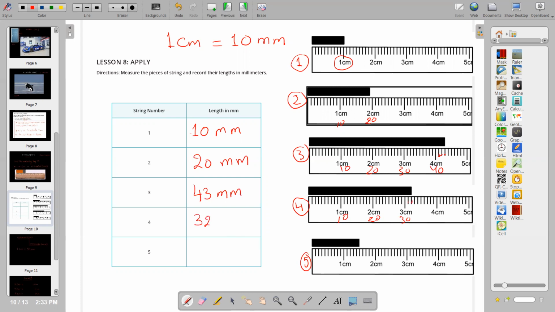Right here, 32 millimeters. The fifth one, this is 1, means 10. After 10: 11, 12, 13, 14, 15. So it is 15 millimeters. Okay, this is how to use the ruler to measure things in millimeters.